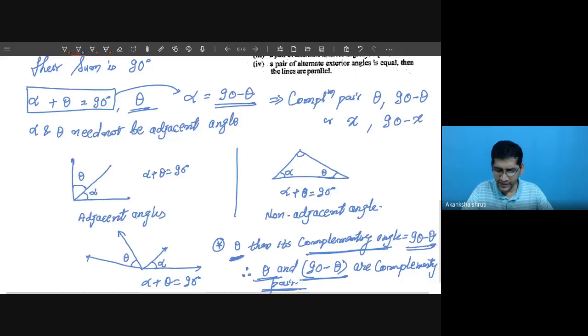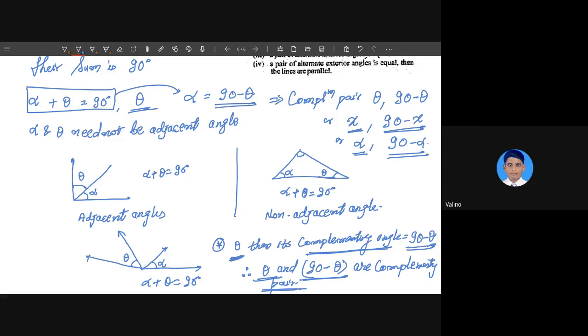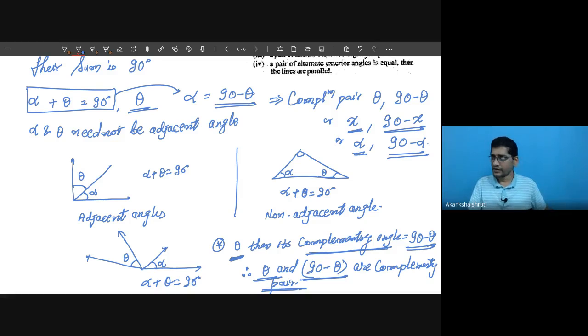If you are denoting this angle by alpha, then the other complementary angle will be 90 minus alpha. So irrespective of variable denotation, you just take one as that angle, another as 90 minus that angle. Are you getting it now? Is it okay, students? Good.